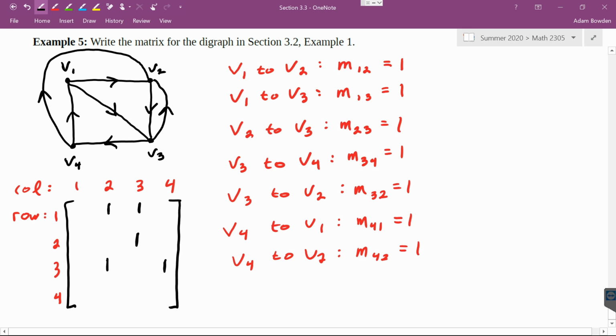Third row, second column gets a 1. Fourth row, first column gets a 1. And fourth row, second column gets a 1. And everything else in this matrix would be zeros. So again, the entries we have here are filled out based off of what I've seen in the digraph and the connections between the vertices inside of that digraph.